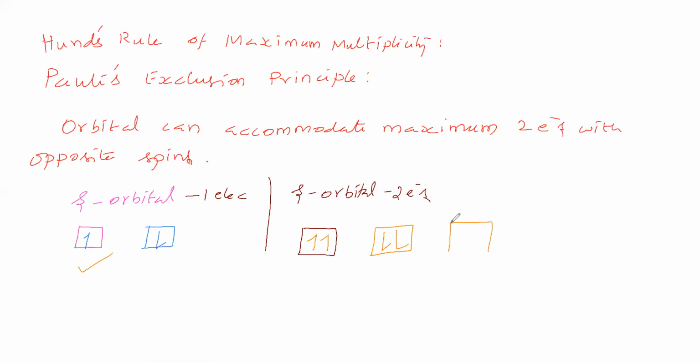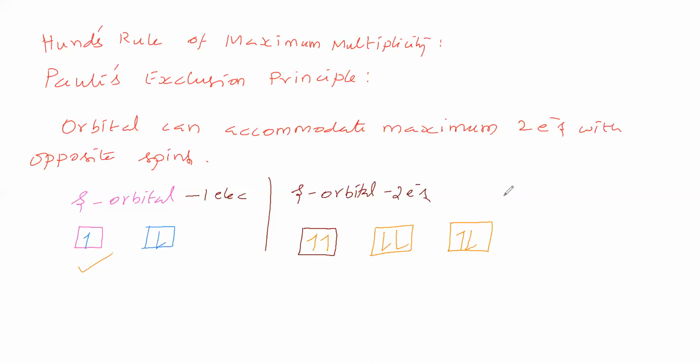Next, one electron is clockwise, another is anti-clockwise. So, we have three cases: both clockwise, both anti-clockwise, and one of each. Out of these 3, which is correct?